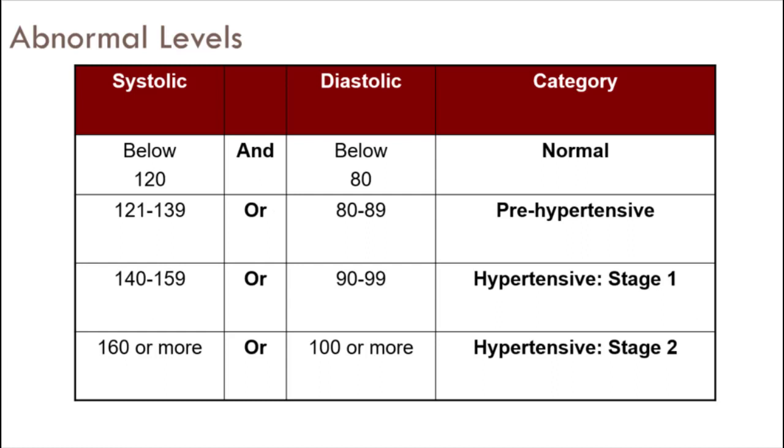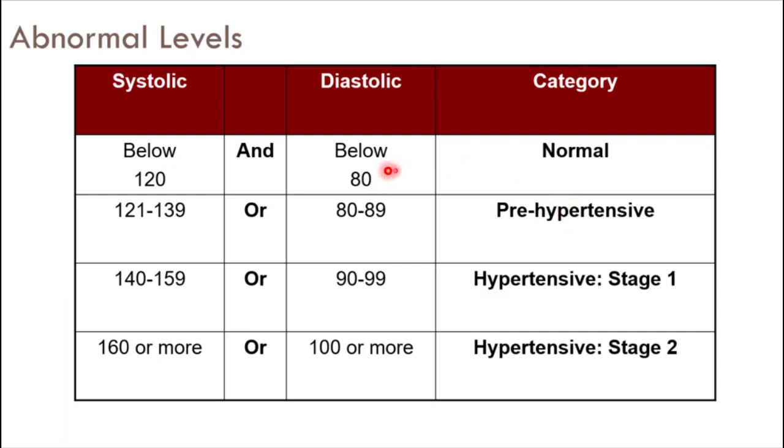Here are your abnormal levels, and you can see that 120 over 80 is considered normal, but really below 120 over 80. Ideally, if you were looking at ultimate health, you want to be like 100 for systolic blood pressure. But as we'll explore, there are a lot of factors that affect blood pressure.